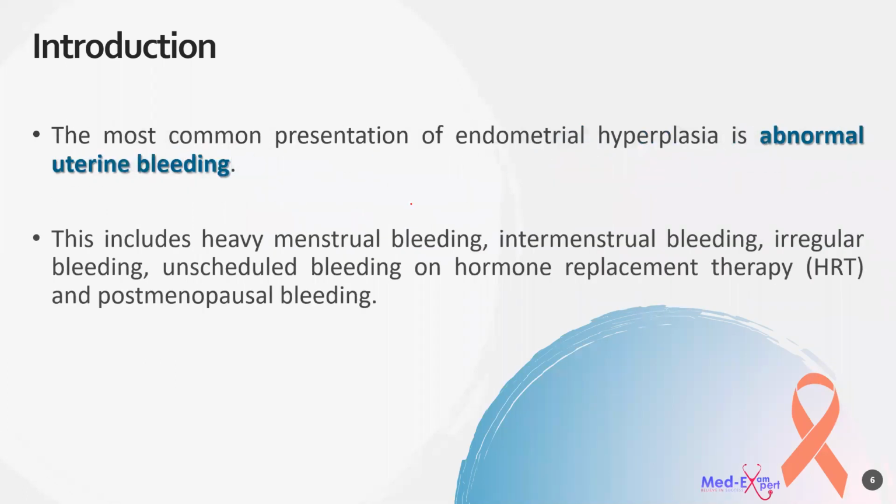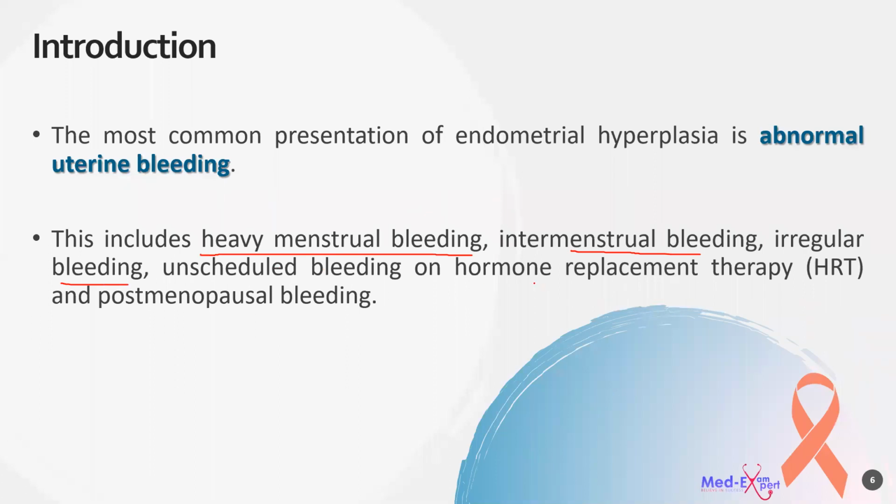Of course, the most common presentation of endometrial hyperplasia is abnormal uterine bleeding, in its different forms. The presentation may be heavy menstrual bleeding, or intermenstrual bleeding, or irregular bleeding, or even unscheduled bleeding on hormone replacement therapy.